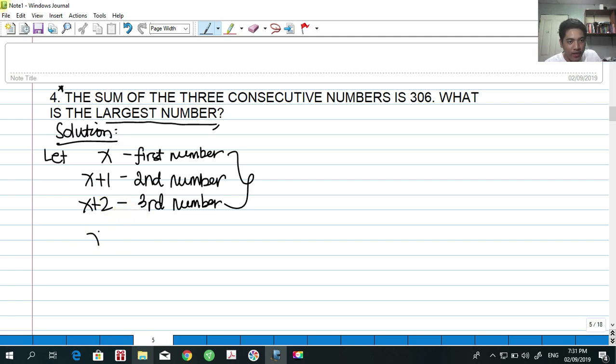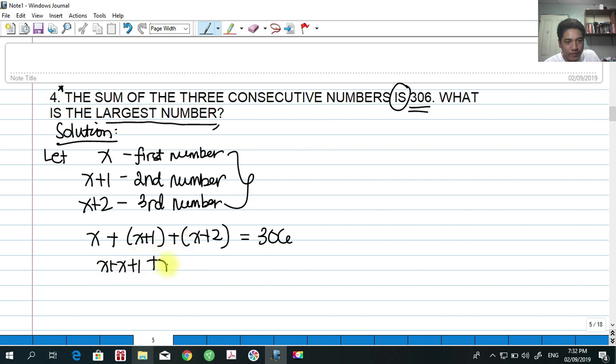If we get the sum of these 3 consecutive numbers, the answer is 306. Using simple algebra, x plus x plus x is 3x, and 1 plus 2 is 3, so 3x plus 3 equals 306.